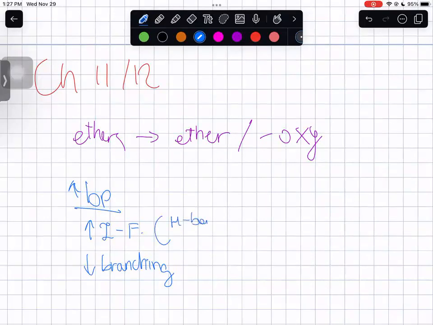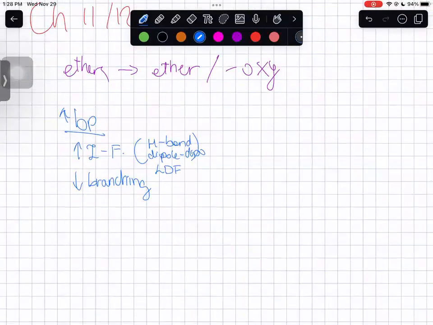Next one? Dipole. Last one? London dispersion forces, also called Van der Waals, same thing. Why they have different names, no idea.